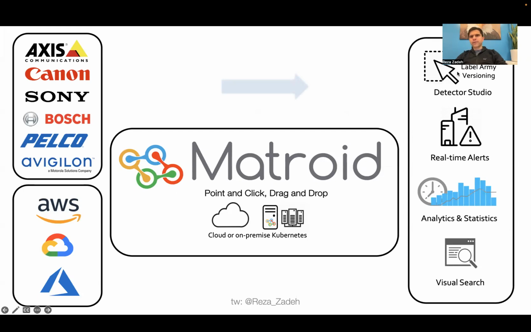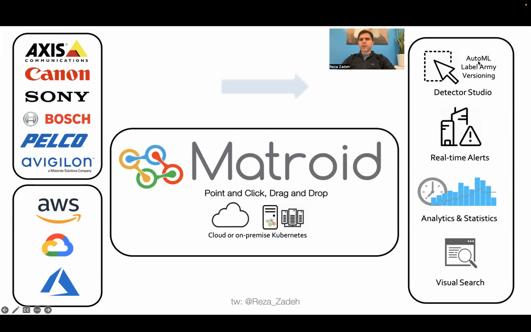And there we have a detection army that can annotate data, that can automatically create neural networks and deploy them to get real-time alerts, statistics for things that happen very frequently, and a visual search engine that allows searching of the past. So all that together usually means that someone who is not a programmer, maybe a doctor or an engineer who doesn't code in a factory, is able to deploy computer vision products.